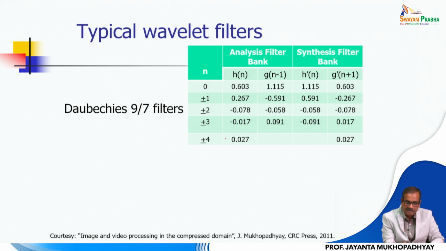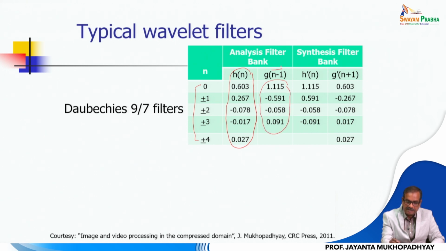The term comes because you see that this low pass filter length is 9. There are 9 samples. It is centered at 0, and the sequence has both negative and positive time axis. Whereas your synthesis filter is of length 7.